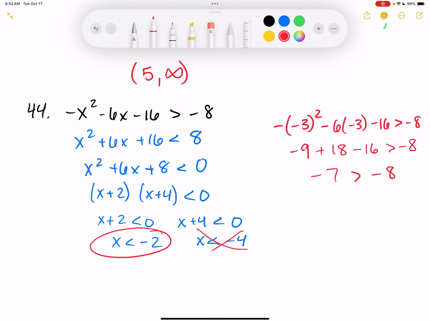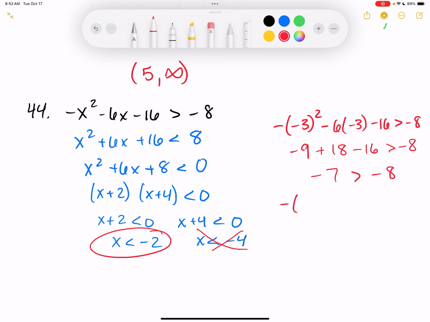So I need to check something outside of that range also and make sure. So I'm going to check -5 also, because it's possible that it could only work between that range. If it had caused a problem, it would have been different. But because it worked, now I need to check something outside of the range of that. So I'm going to check -5.